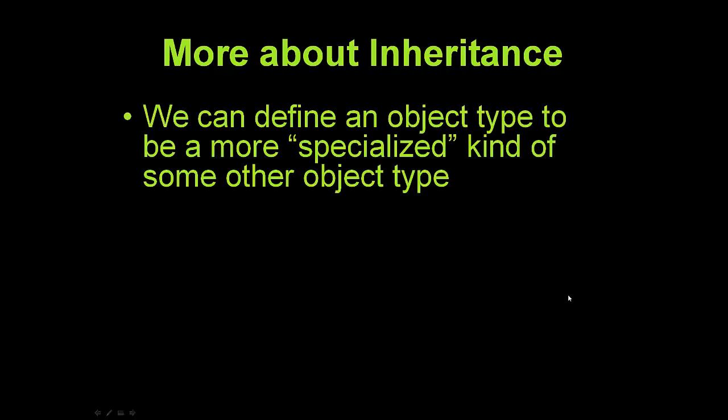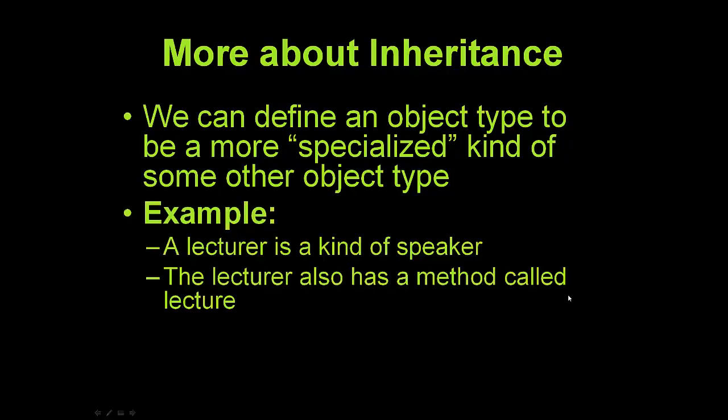You've seen something about inheritance in the space war simulation. Now let's take a look at this topic in slightly more detail. Suppose an object inherits from an object, then we may say that the inherited object is a more specialized version of the superclass. For example, a lecturer is a kind of speaker. A lecturer also has a method called lecture. So we are defining a new object called lecturer.